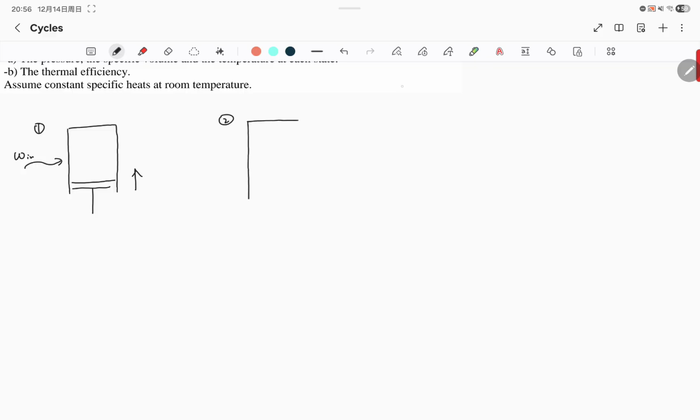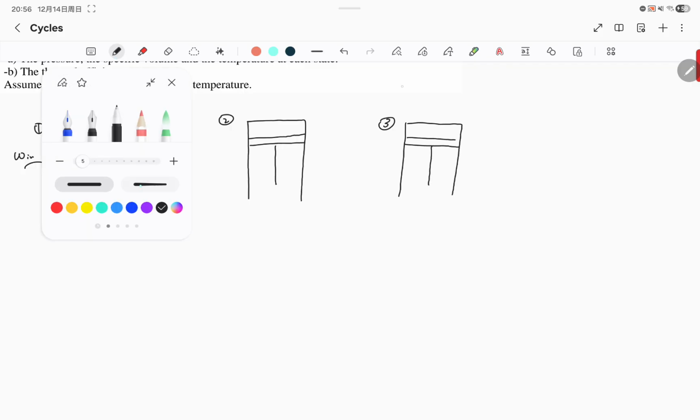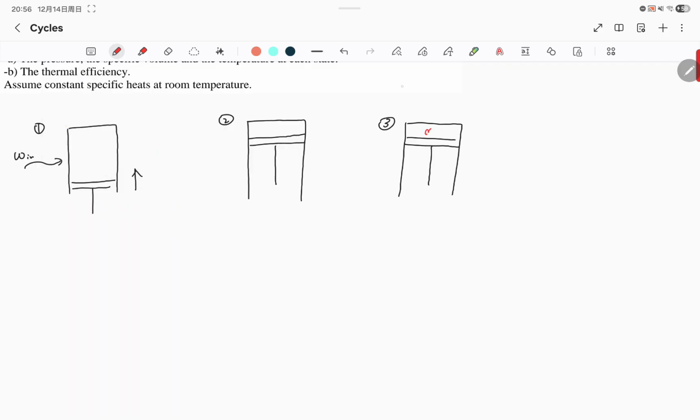State 2, we have the same cylinder, whereas the piston is already on the top, the top dead center. State 3, the piston is still up, but we're going to give it fire.